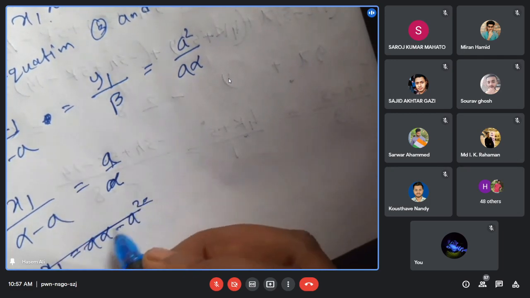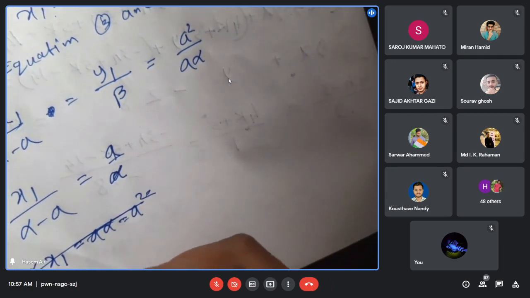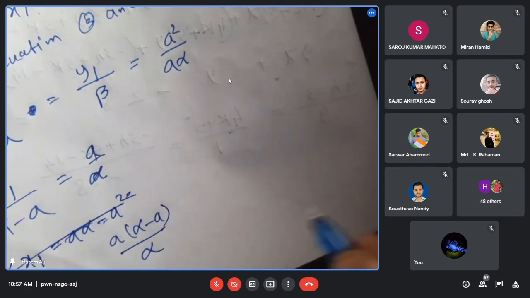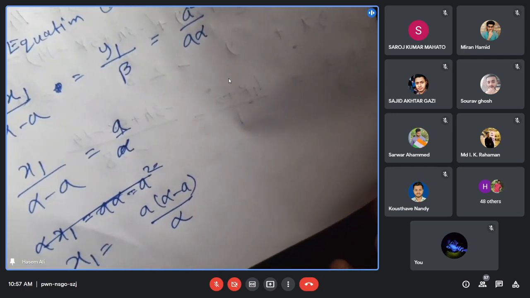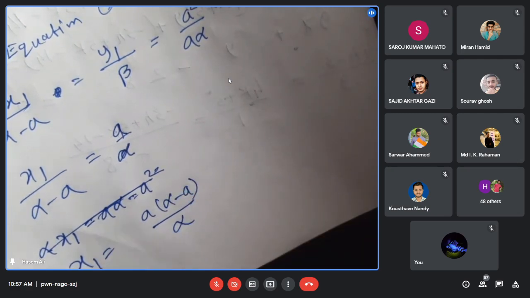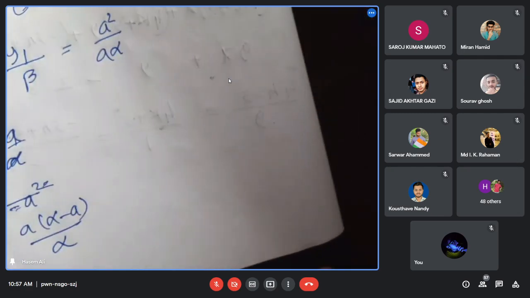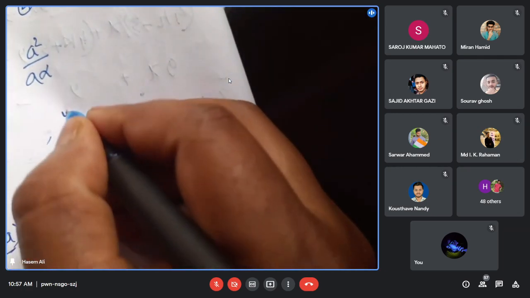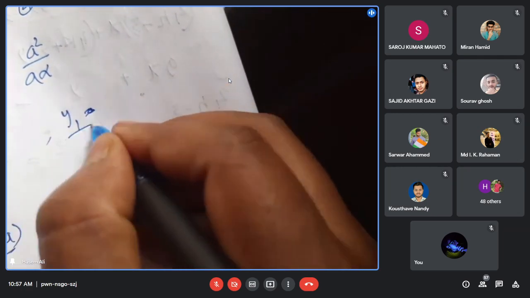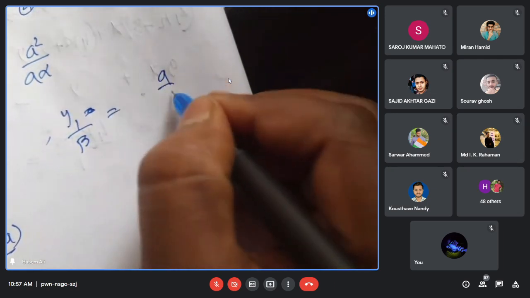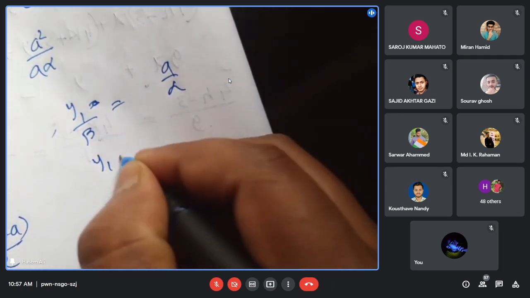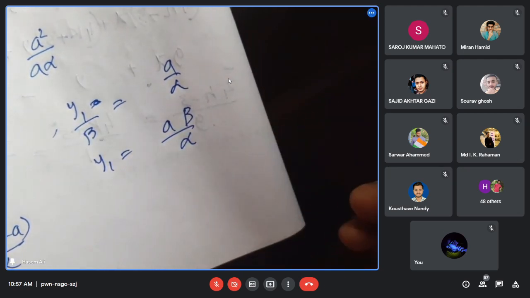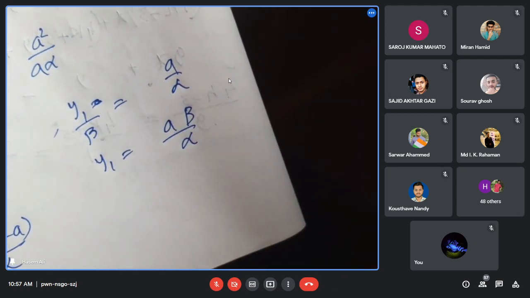Only x1 is needed: x1 equals a into alpha minus a by alpha. Because we need x1 and y1, y1 by beta equals a by alpha, so y1 equals a beta by alpha.